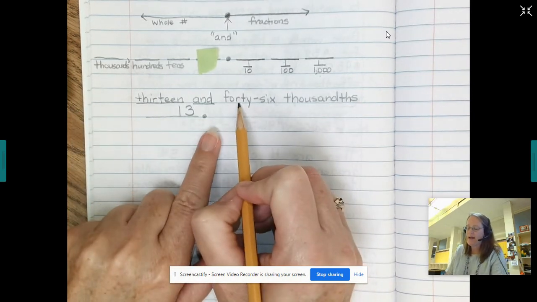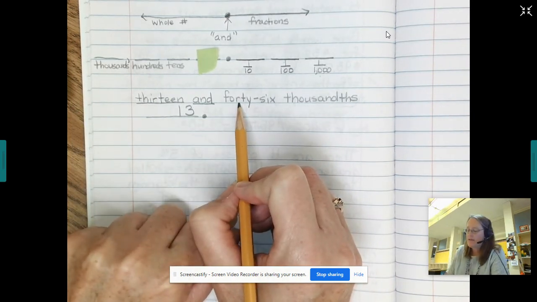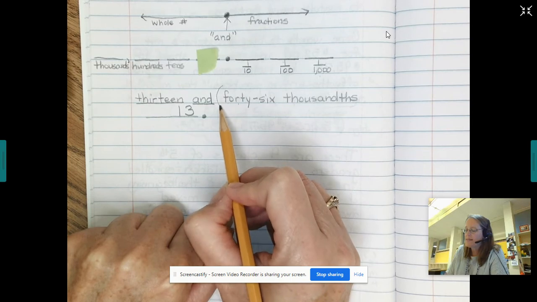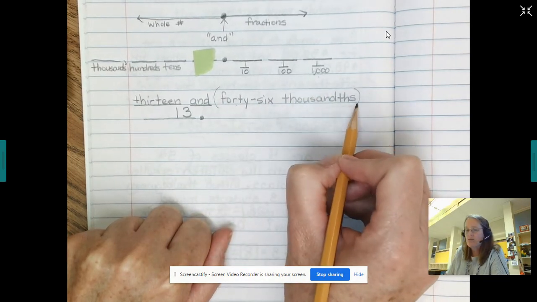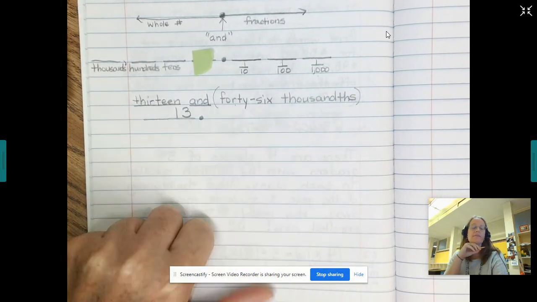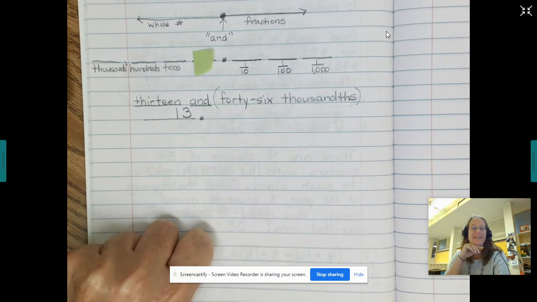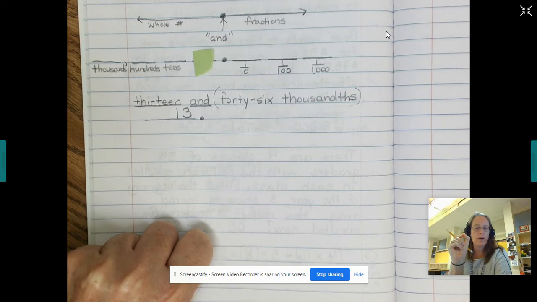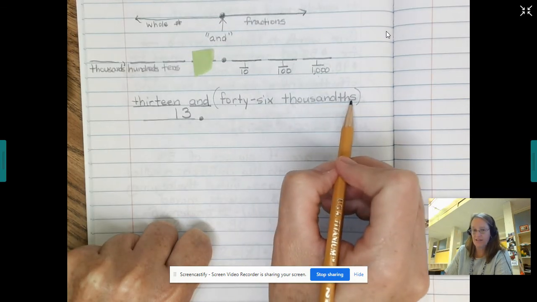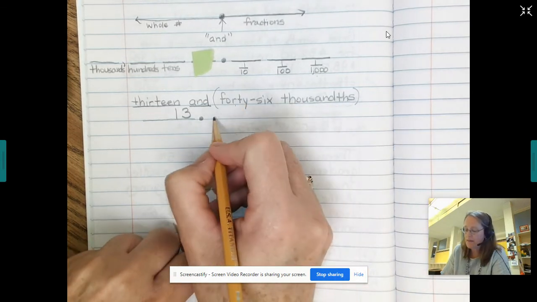And on this side, I need the number 46 thousandths. Now, guys, that means that 46 has to be together just like the whole number 46, but it has to end in the thousandths place. Let me show you.